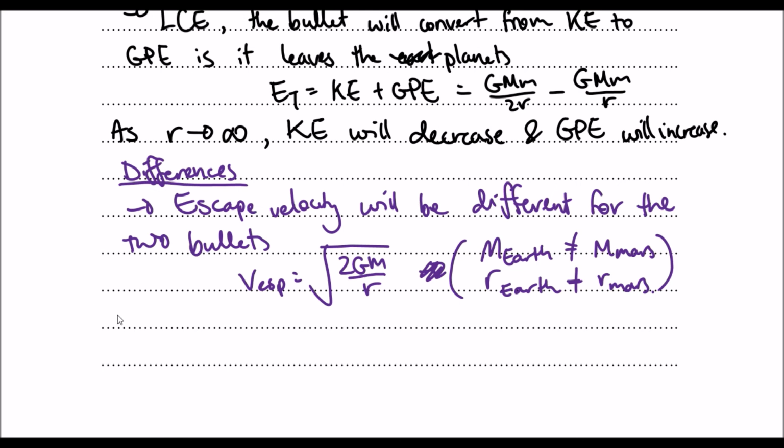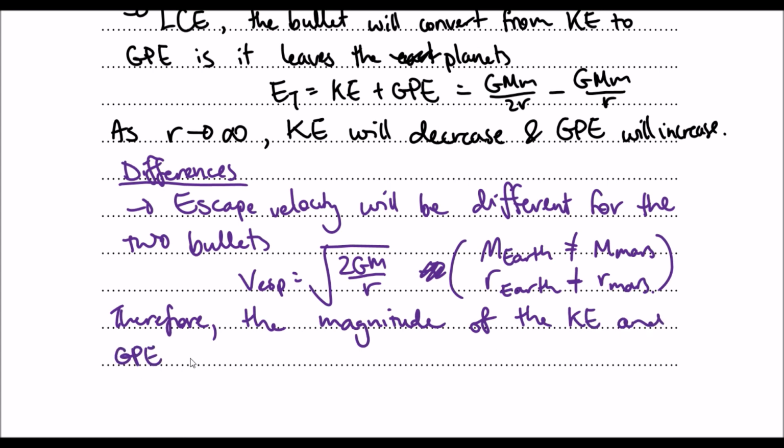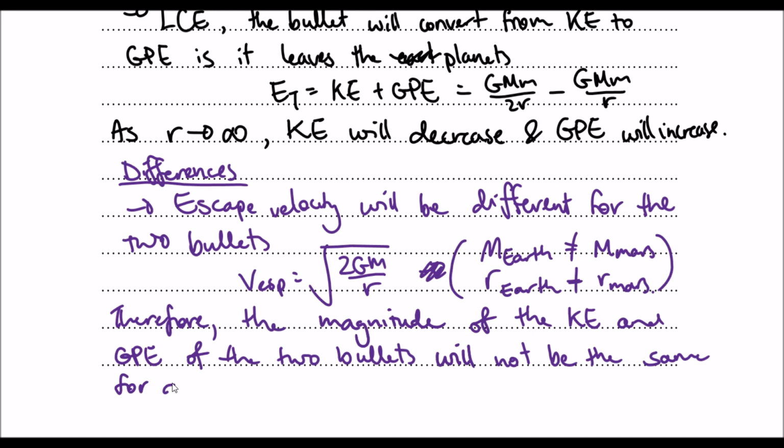Okay, therefore the magnitude of the kinetic energy and gravitational potential energy of the two bullets will not be the same for a given value at r.